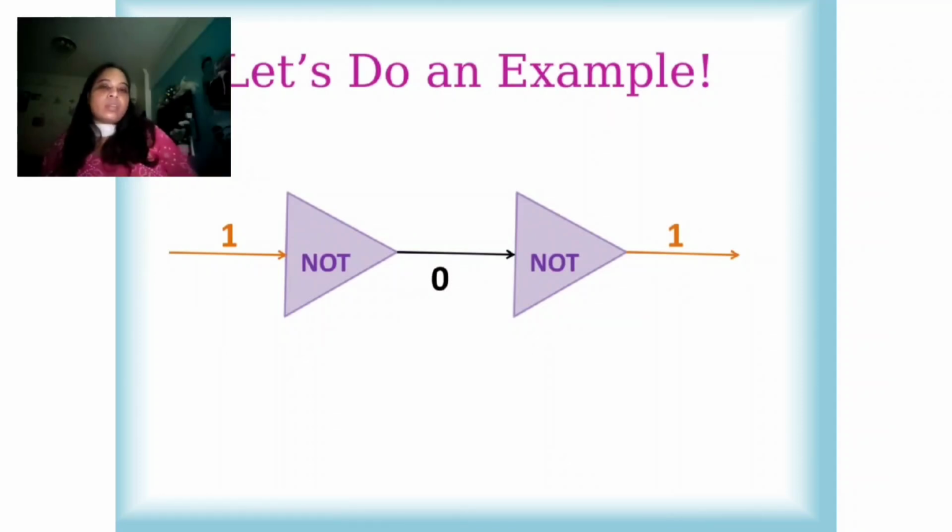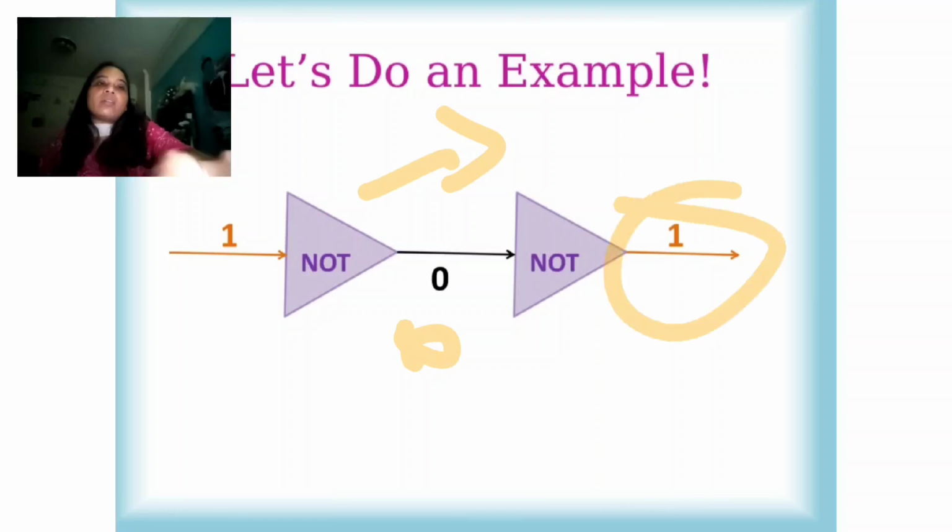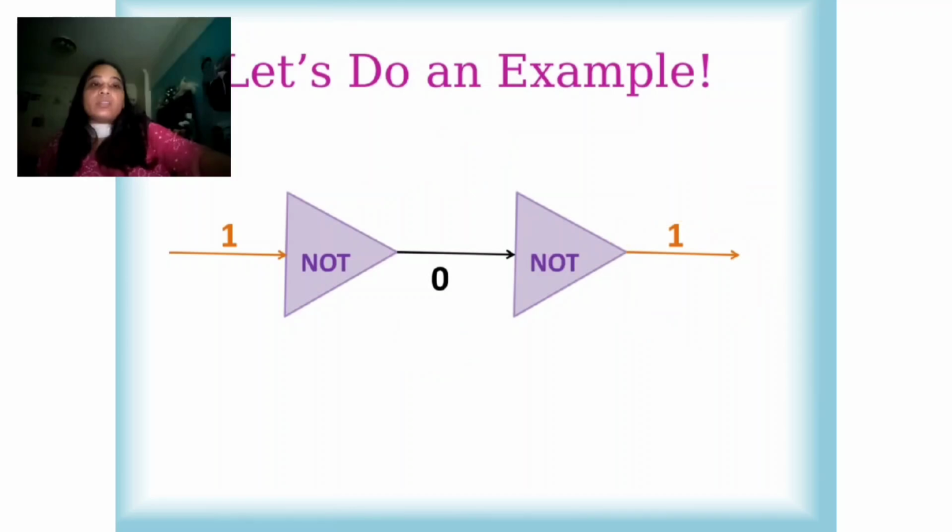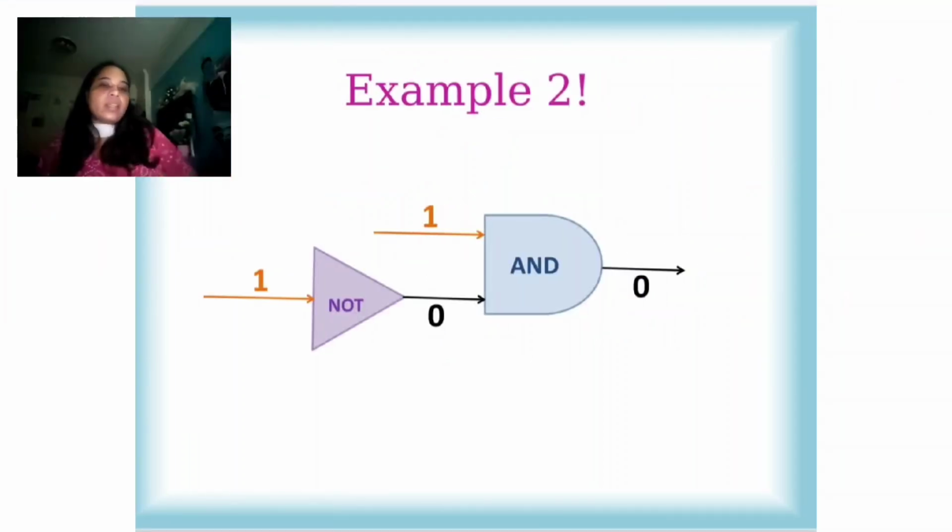Next, for understanding, the examples. Here I am going to pass only one input, in the on position, to the NOT gate. The NOT gate diagram is like this. The circuit board should look like this when we are using the NOT gate. The other input is 0, and you get the output in the on position. And next, here we are going to make one gate depend on another gate.